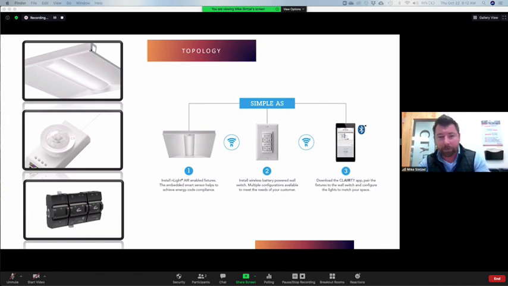There's probably 5 or 6 that are prominent in our market here in Washington. Manufacturers that will supply LLLC, but I've used this one as a good indicator because it's probably the simplest one. It has the fewest devices, but it still shows you what the topology of an LLLC system is.